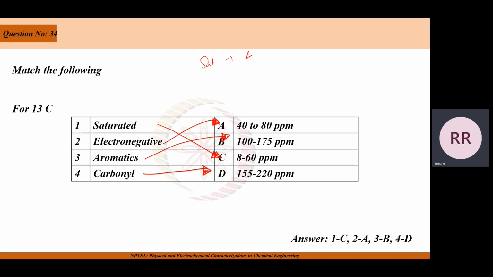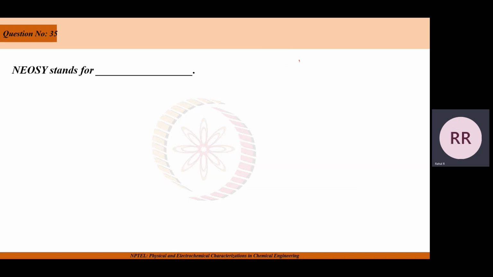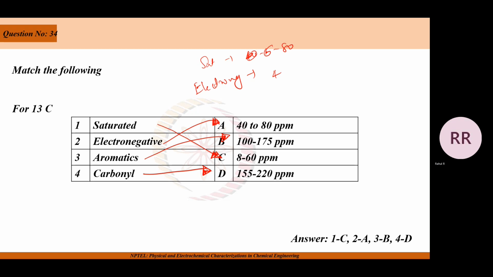Saturated corresponds to 0 to 60. Electronegative corresponds to 40 to 80 ppm.